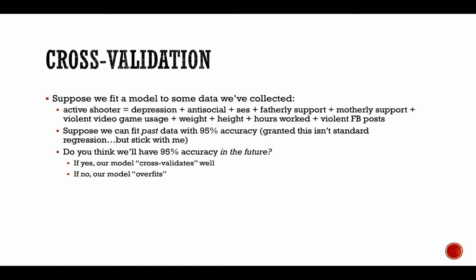And so we might say the probability of somebody becoming an active shooter is a function of depression, their antisocial score, socioeconomic status, fatherly support, motherly support, violent video game usage, their weight, their height, hours worked, and the number of violent Facebook posts or something like that. So obviously some of those variables are probably going to be predictive, whereas some of them aren't. I'm guessing weight and height won't be all that predictive, but we want to know from this large set of variables which ones are best predictive.